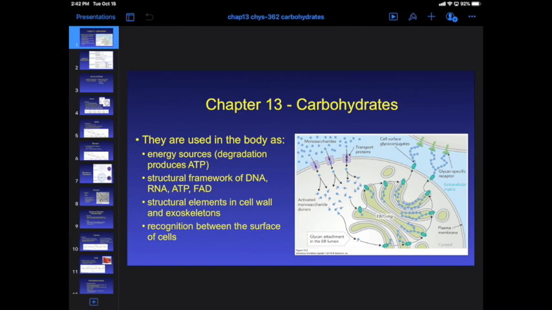Starch, in its most simple form, is just one long chain of glucoses. Cellulose is just one long chain of glucoses. The difference is one is alpha 1,4 and one is beta 1,4. Which one is the alpha and which one is the beta? One is structural and one is kind of info.